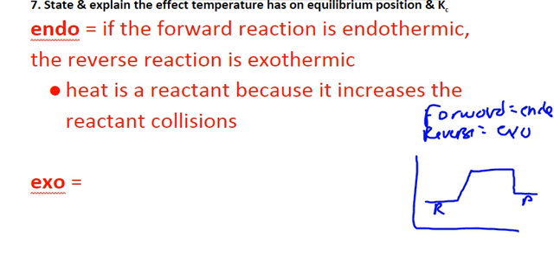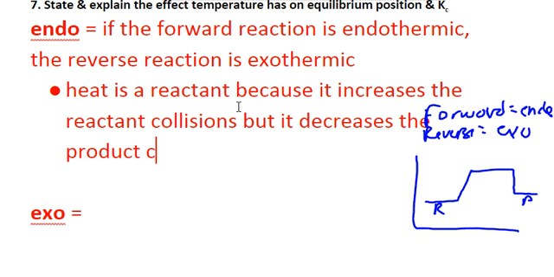So when you're thinking of heat as a product or a reactant, that's why, because heat going in makes the reactants collide more, but on the reverse reaction then, it decreases the product collisions.